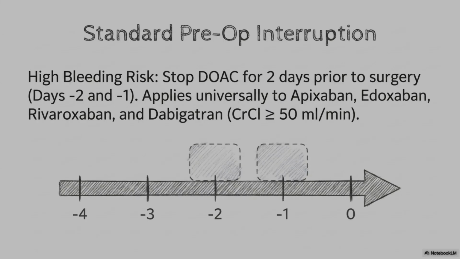That changes in patients undergoing high bleeding risk procedures like polypectomy, EMR, ESD, sphincterotomy, PEG placement, stricture dilations, etc. In these patients, you stop DOACs for 2 days prior to surgery, where day 0 is surgery.